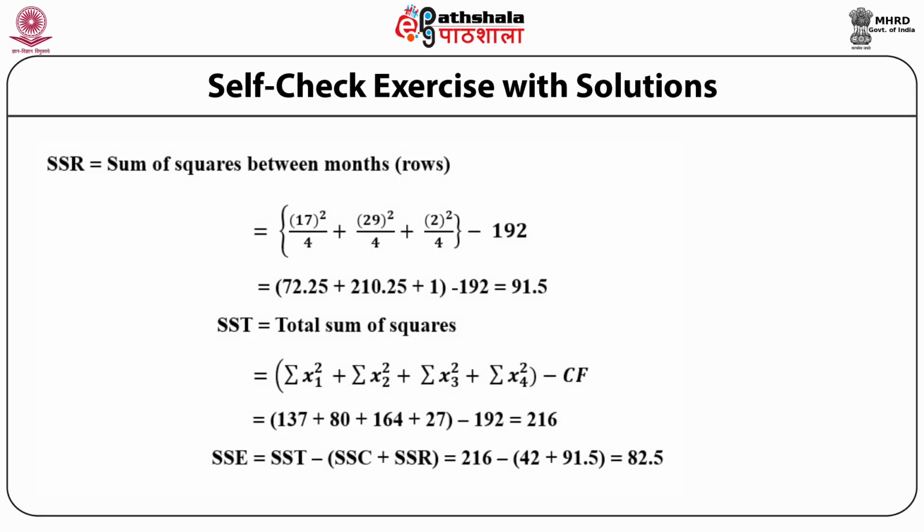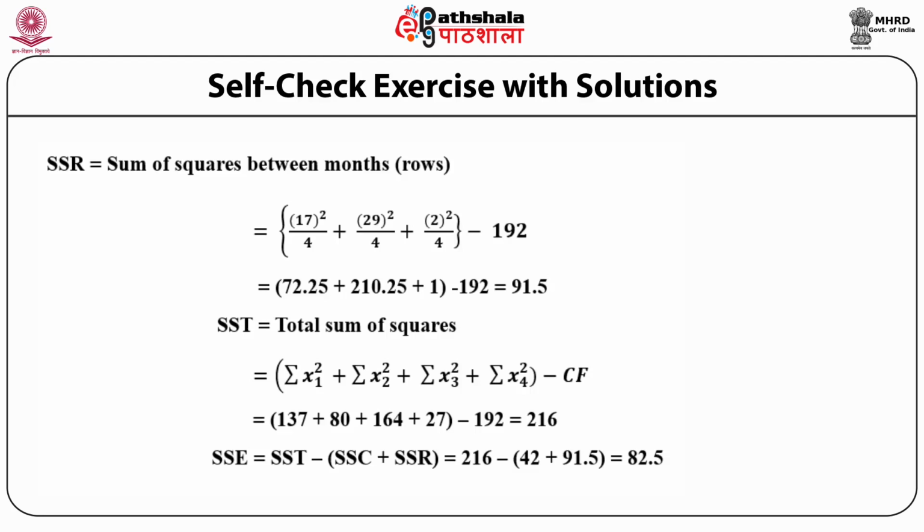Then find the sum of squares between months, that is rows: 17 square upon 4 plus 29 square upon 4 plus 2 square upon 4, and subtracting 192, the correction factor, it gives the value 91.5. To find the total sum of squares, SST, we add 137 plus 80 plus 164 plus 27, and subtract the correction factor, and it makes it 216.